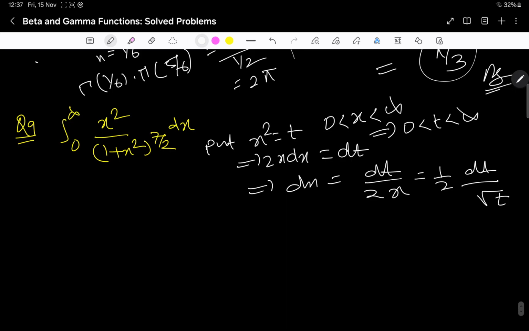So we'll substitute it here. So this is equal to 1 by 2 integral 0 to infinity x square is here t.